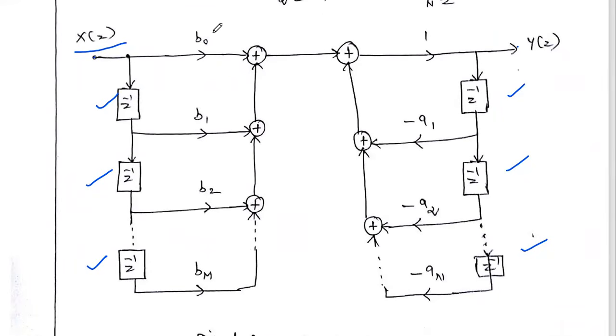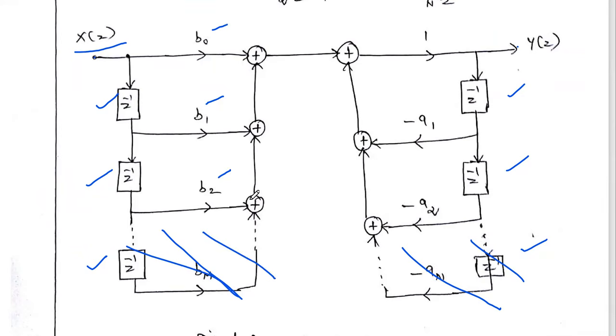In our problem, B0, B1, B2 are there, and the B3, B4 values are 0, so the diagram goes only up to this point. Similarly, A1 and A2 are there, but not A3, A4, so this part of the diagram can be eliminated.